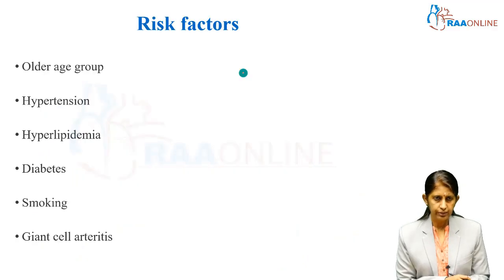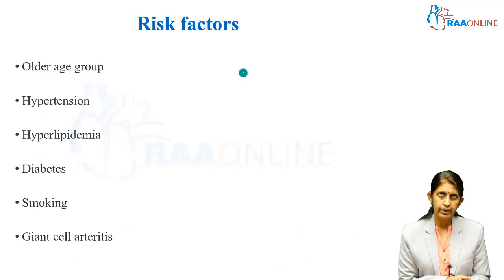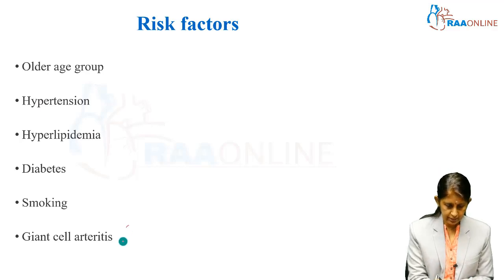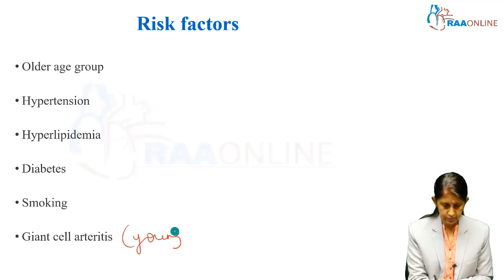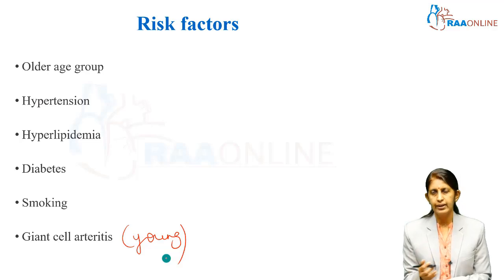So what are the risk factors? The systemic risk factors are older age group, hypertension, hyperlipidemia, diabetes, smoking and giant cell arteritis. Now these are the most important risk factors for a central retinal artery occlusion. Giant cell arteritis, like I mentioned, particularly in younger individuals. But how do we really classify?